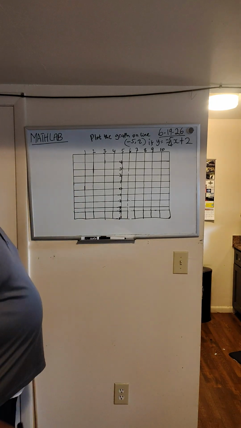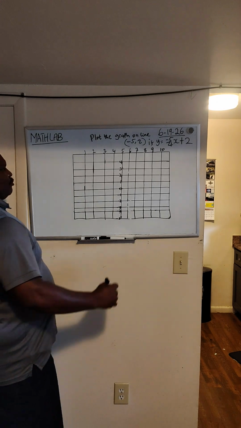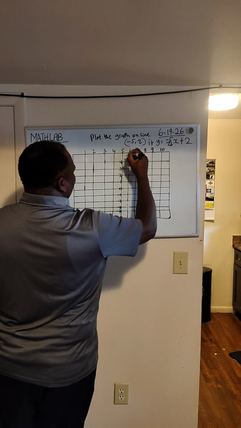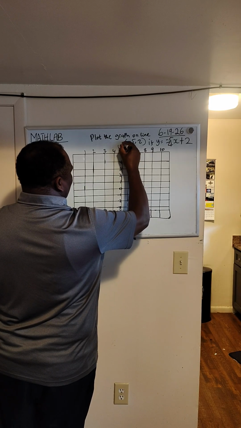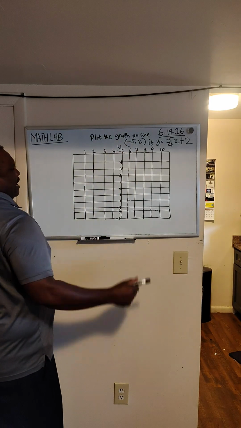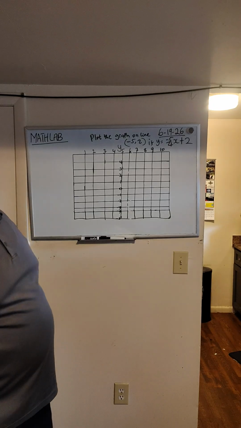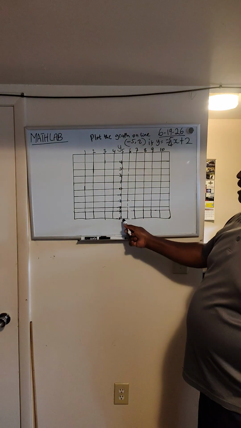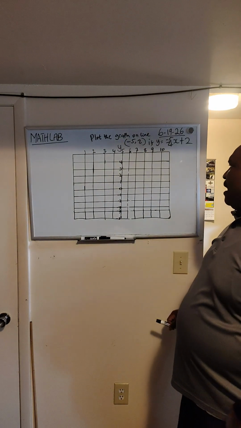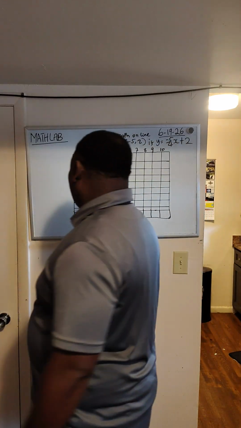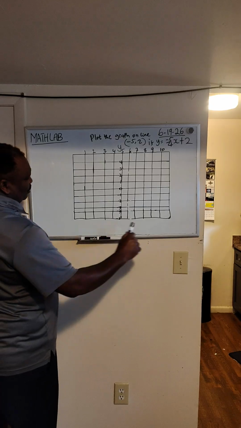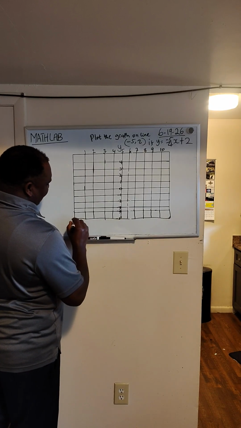Now remember that the line that goes up is the y-axis. So this one here is the y-axis. If you are told to identify which one is the y-axis, it is the line that goes up. But the line that goes horizontally would be our x-axis.